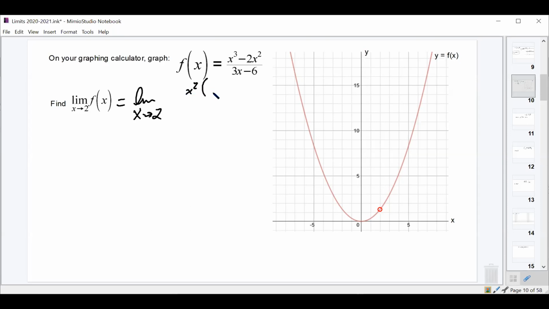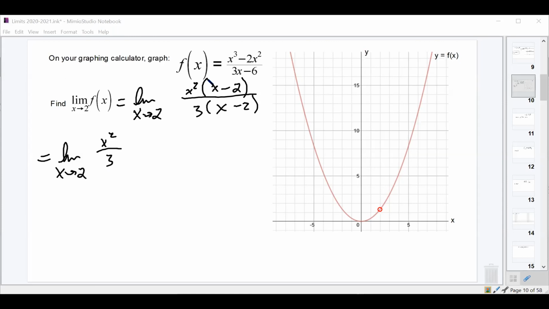All right, take an x squared out, which leaves me with an x minus 2. And I can take out a 3 from the denominator, which leaves me with an x minus 2. And we'll note that we have an x minus 2 and an x minus 2 in the numerator and the denominator. Those are going to cancel out. So we're going to say this is the same as the limit as x approaches 2 of just x squared over 3.